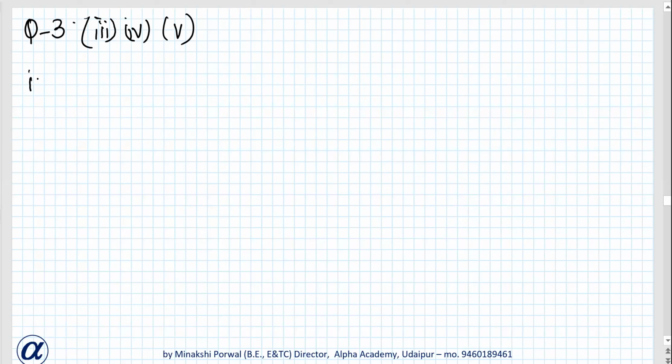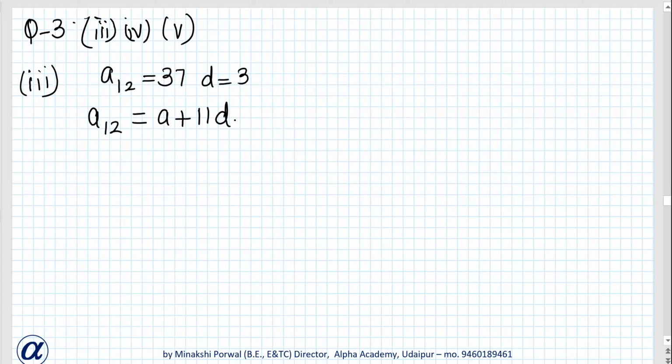First, third question, third part. A12 is 37. D is 3. Okay. So same formula. A12 equals A plus 11D. Here D we know, A12 we know, so we can find A from it.